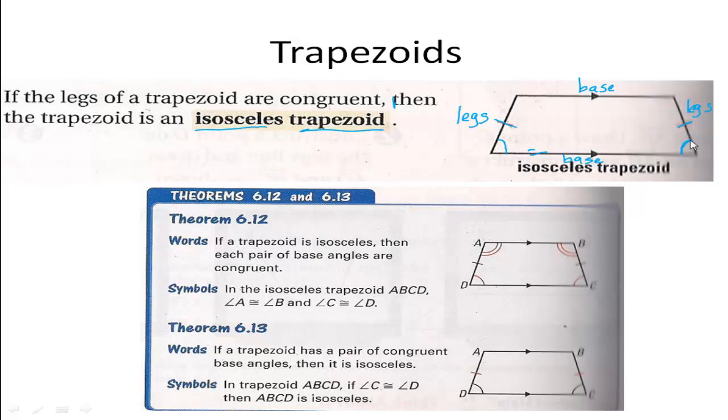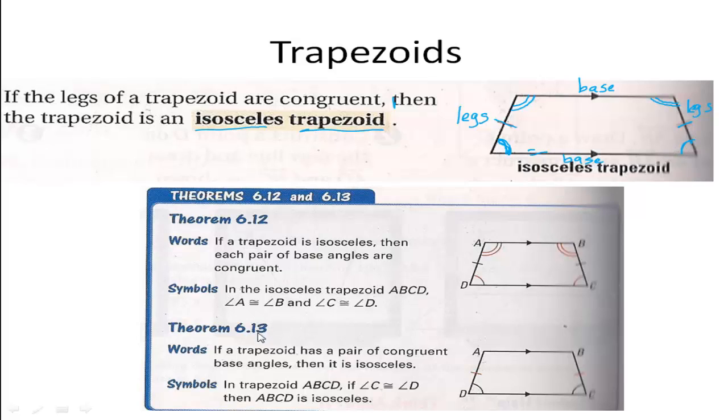That means that this base angle and this base angle measure the same thing, and that this base angle measures the same as this base angle. And that's only for isosceles trapezoids. Don't be confused. If you see a trapezoid and it's not an isosceles trapezoid, then these base angles will not be congruent.